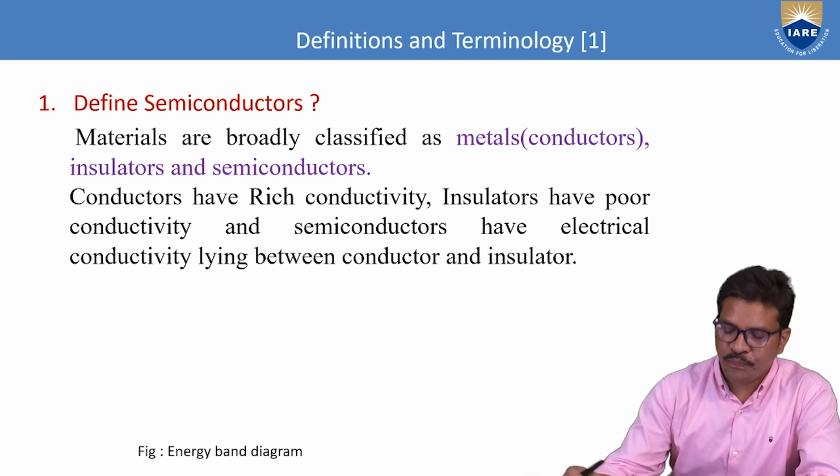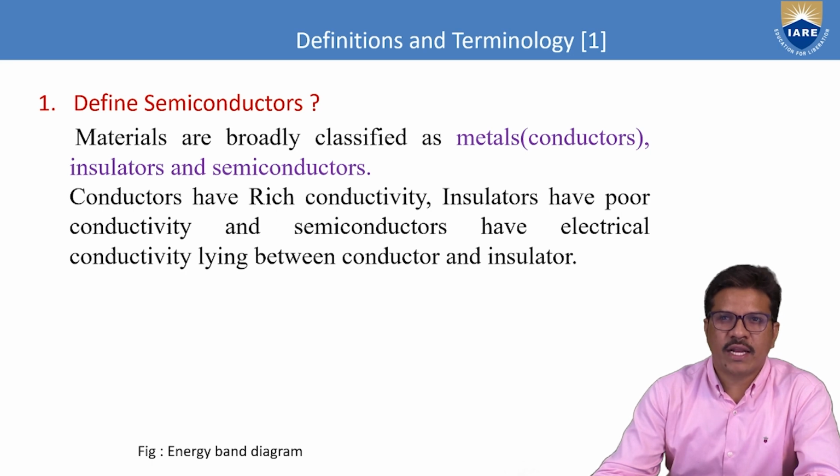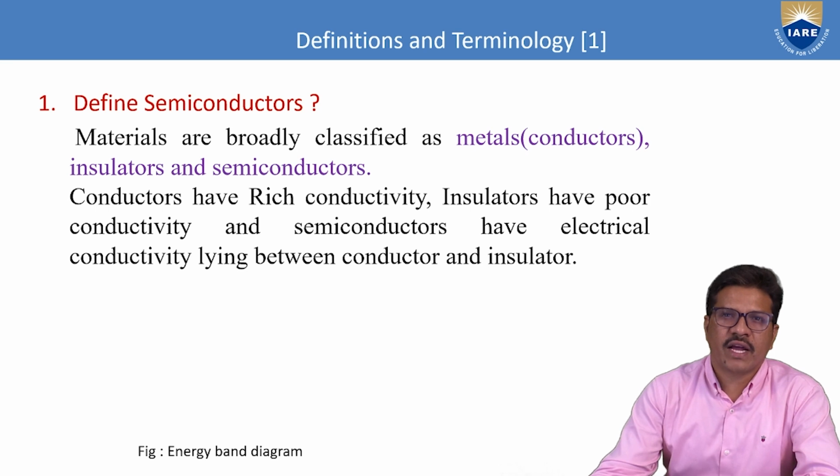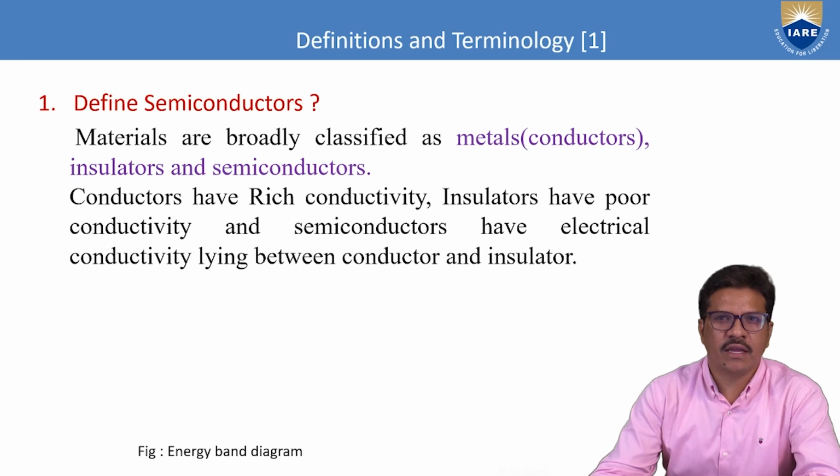Materials are broadly classified as conductors, insulators and semiconductors. Conductors have high conductivity, insulators have poor conductivity, whereas semiconductors have electrical properties that lie between conductors and insulators. The distinction between insulators, conductors and semiconductors is explained by the energy band diagram.